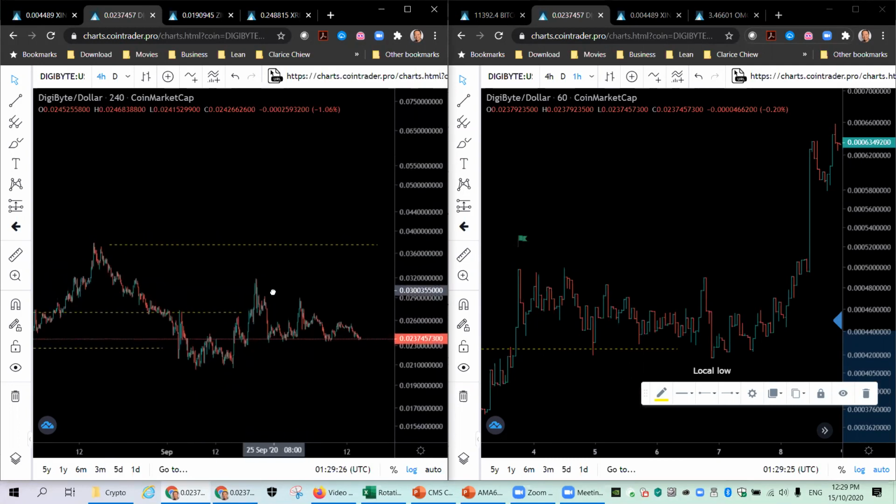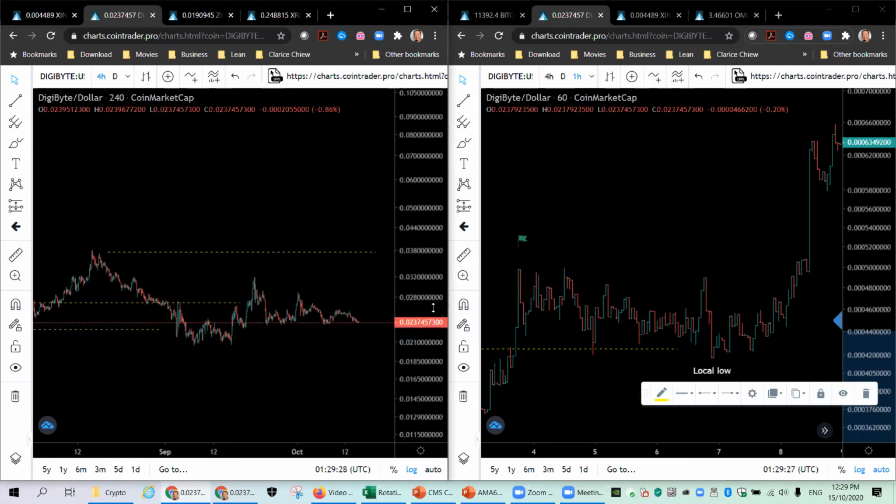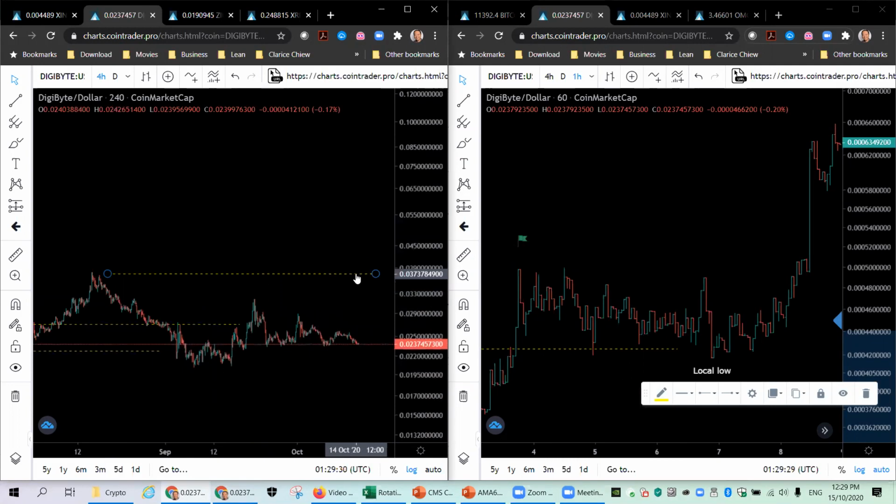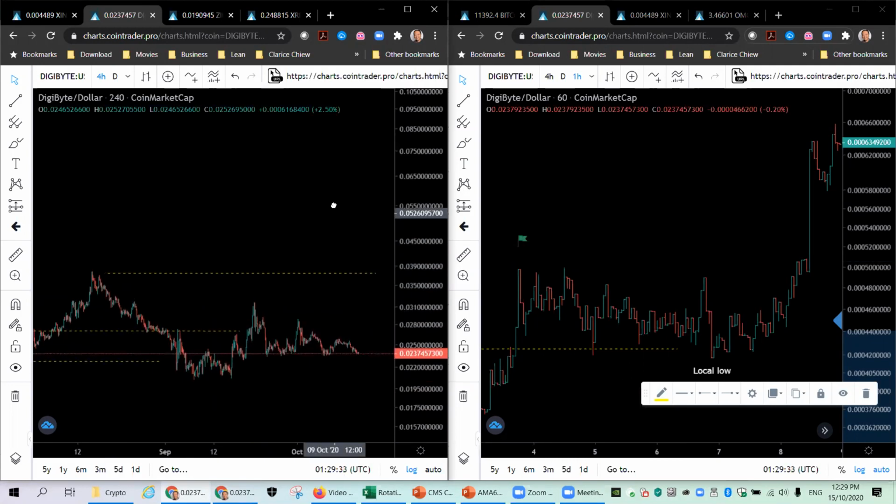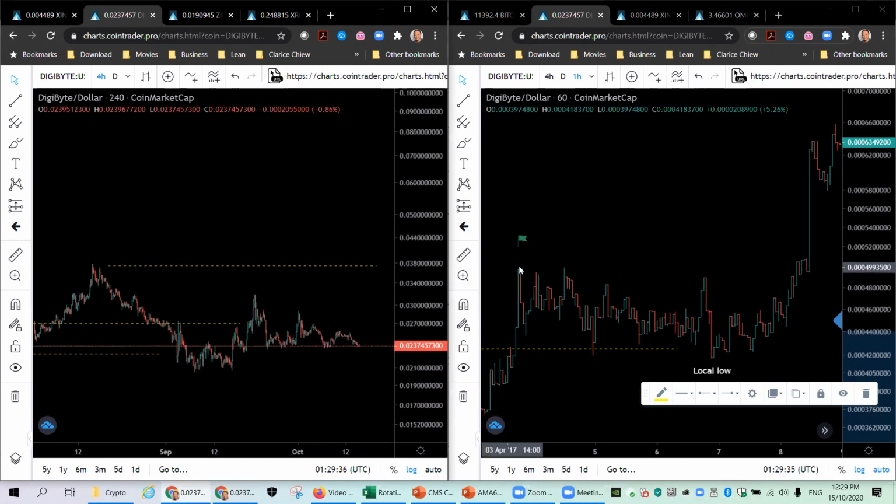So it's probably looking like this if you were to try to compare the two. Looks like this. And that's the high there. Then it sort of spikes up and then goes back to form a local low. So you can see the spike up here. It did not go all the way up, but that's a strong spike up and goes all the way down.